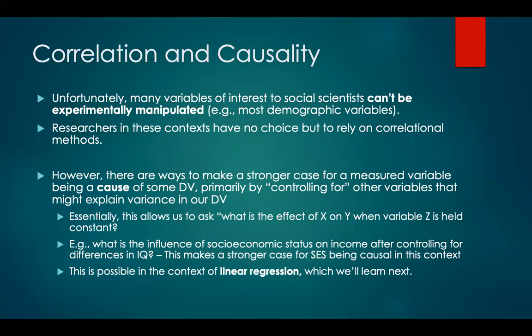Essentially, this allows us to ask, what is the effect of x on y when variable z is held constant? So what is the influence of socioeconomic status on income after controlling for differences in IQ? This makes a stronger case for socioeconomic status being causal in this context. And this is possible in the context of linear regression, which we'll learn next.